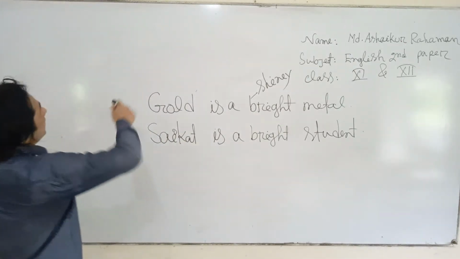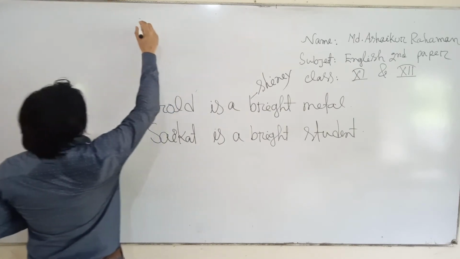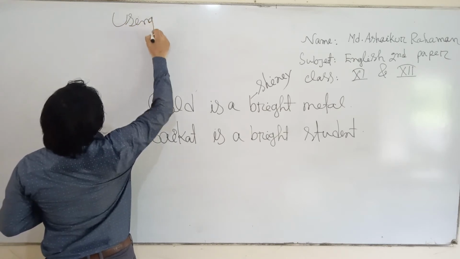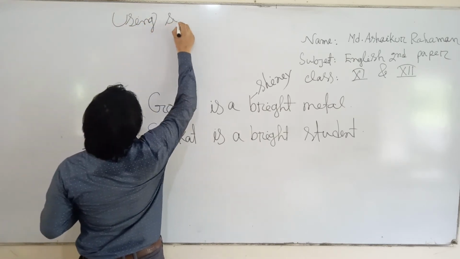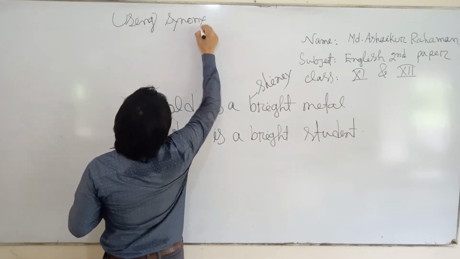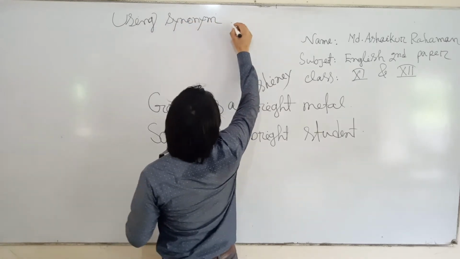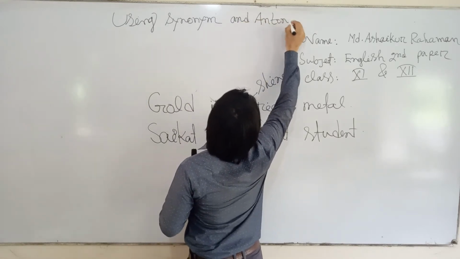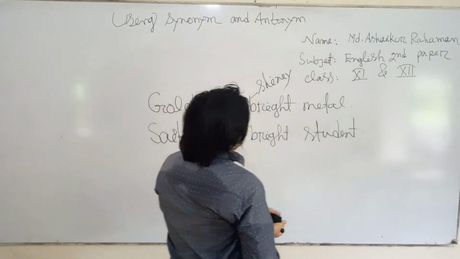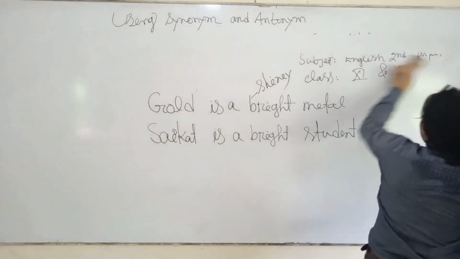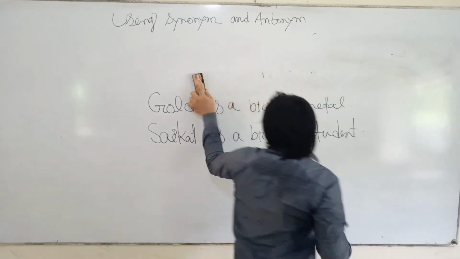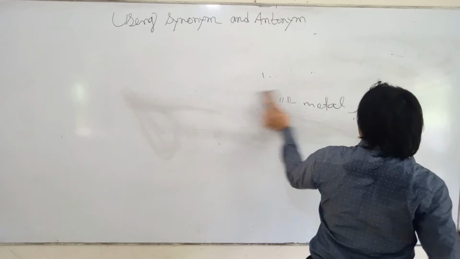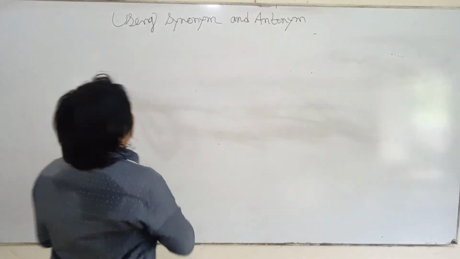Let me write down the title of the topic. Using synonym and antonym, we need more space. That's why we are going to erase the sentences that we wrote earlier.